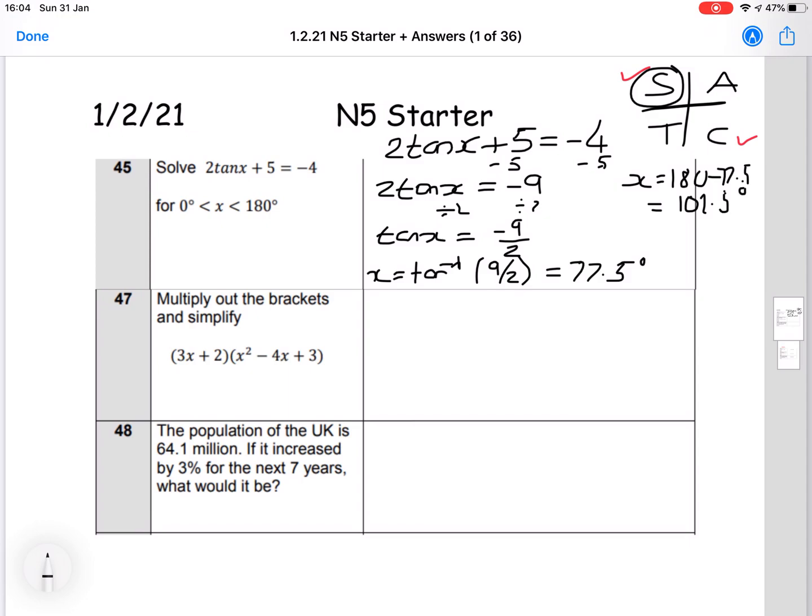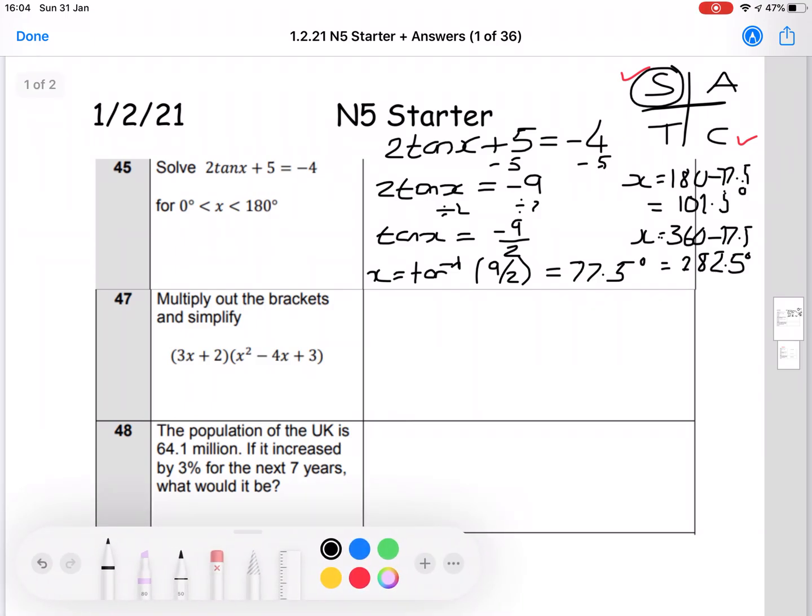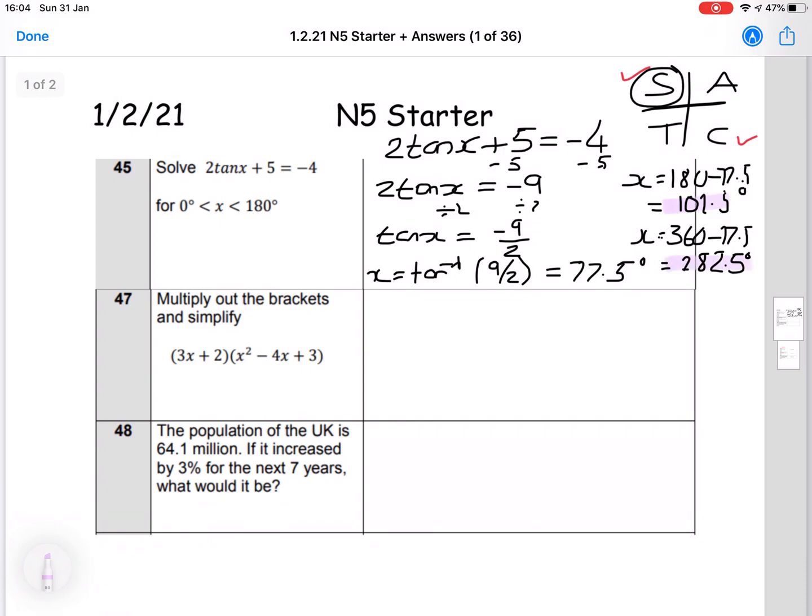And then for our second answer, we're going to have 360 minus 77.5. So that's going to give us 282.5. And it's really important to remember with your trig equations to just highlight or underline your final two answers.